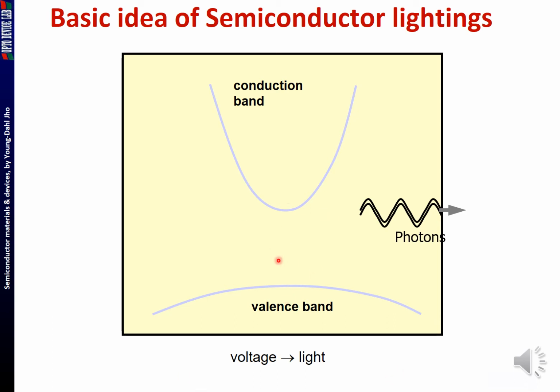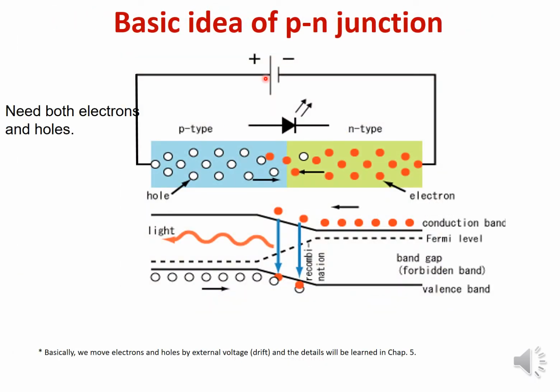The electrons and holes are generated by applying external voltage in LED, and these are actually based on PN diodes. The PN diodes you will learn later on. And this is the basic concept. The details will be studied in a separate chapter of this course. But the basic idea is there's something called p-type material. The idea of p-type material means you intentionally add some holes. Holes are positive charges.